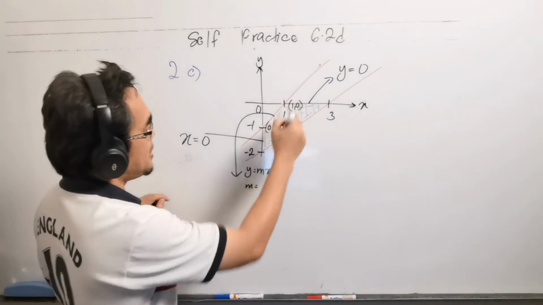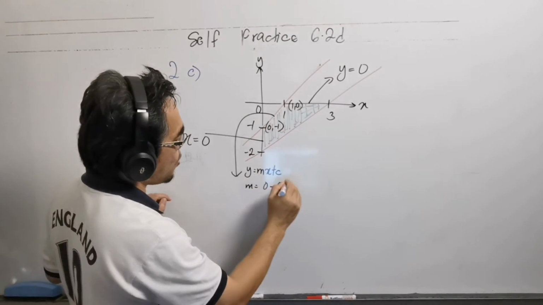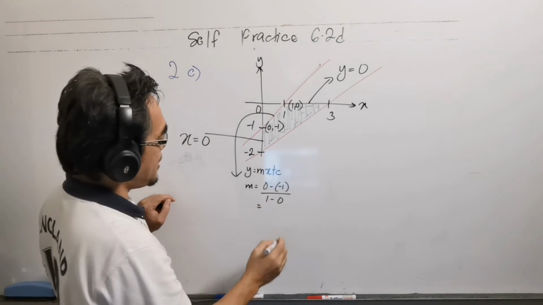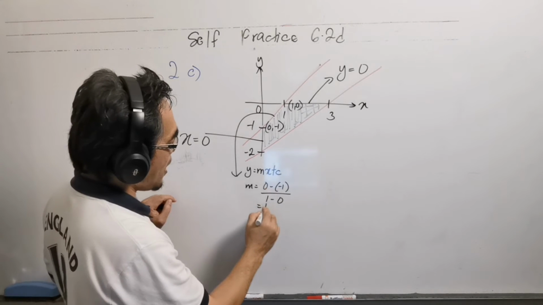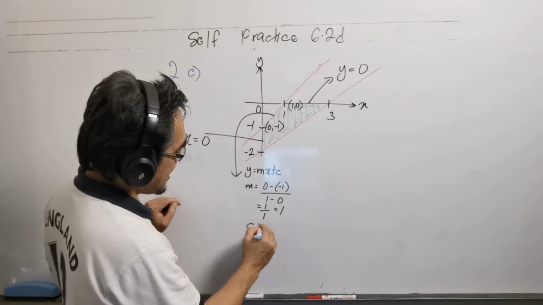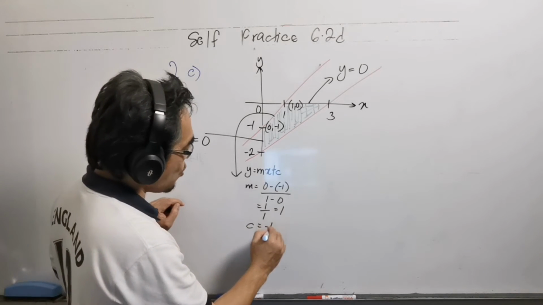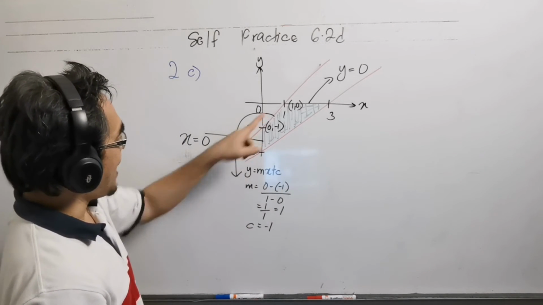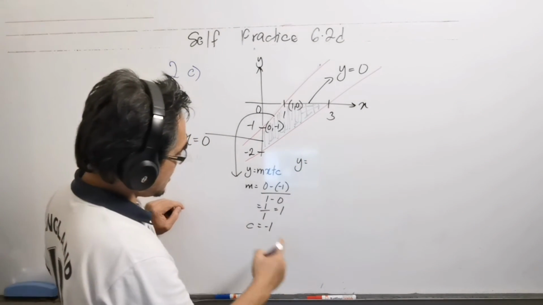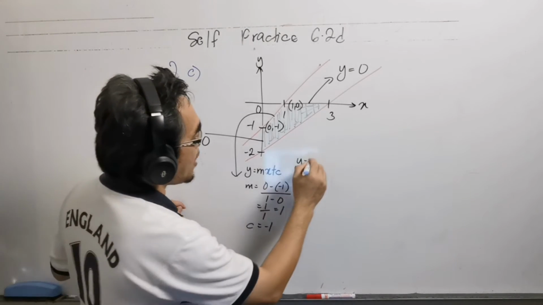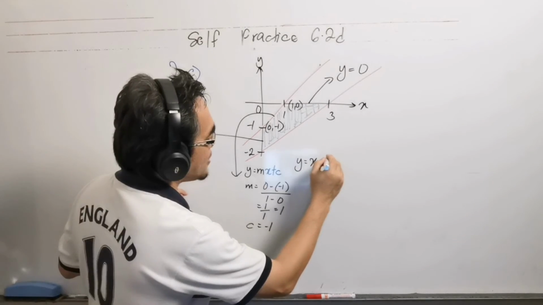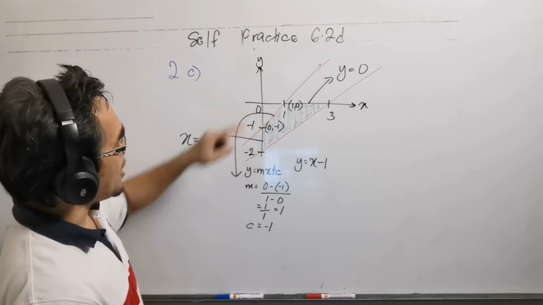So the gradient will be 0 minus negative 1 over 1 minus 0, which is 1 over 1, is 1. And c is negative 1. So the equation will be y equals 1x minus 1. We don't write 1x, we write x only.